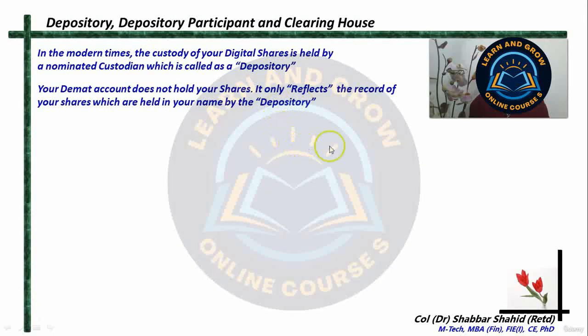But all that collectively are held at one place, that is the depository, and the depository keeps sending you a statement on a monthly basis or a quarterly basis of all the shareholdings which you have.